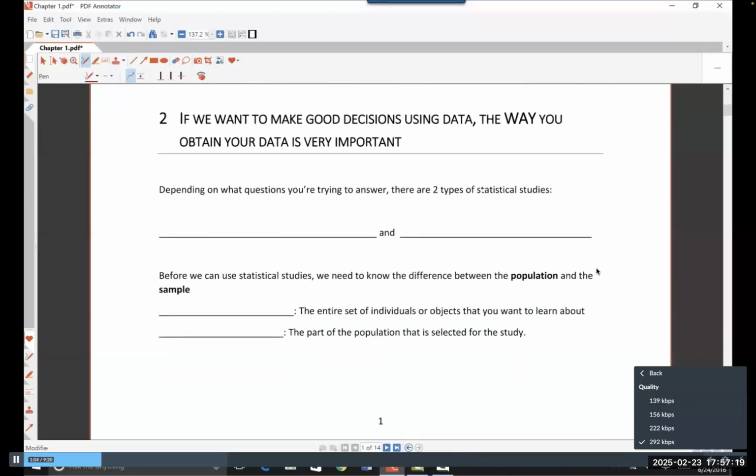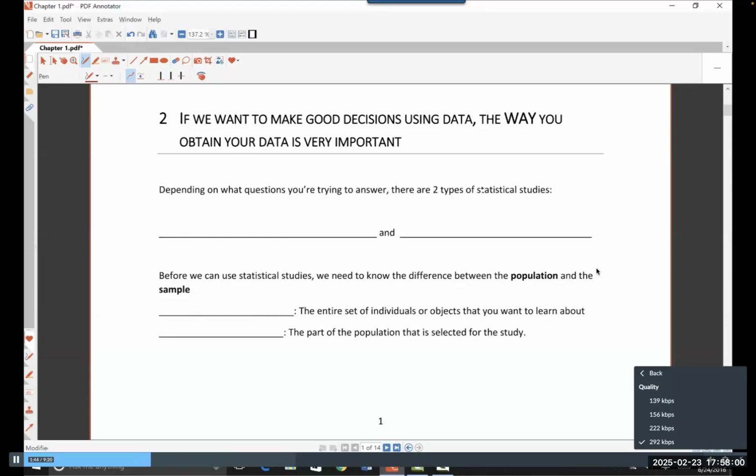So, if we want to make good decisions using data, the way that we obtain our data is very, very important. And as you will find out, as we go through this course, a lot of conclusions that are drawn and decisions that are made based on different surveys and data that people collect, their decision-making process tends to be wrong, or they draw conclusions about things that they shouldn't based on how they collect their data.